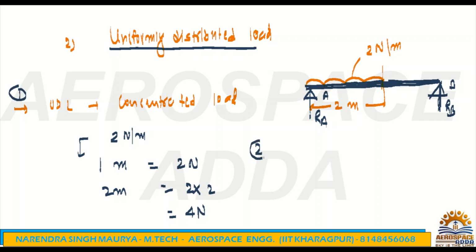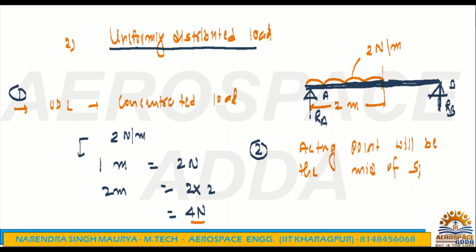Now what is point 2? Point 2 is, because you have calculated the concentrated load, that is 4 Newton, where will it act? So where will the acting point of the concentrated load for the UDL be? The acting point will be the mid of the span.